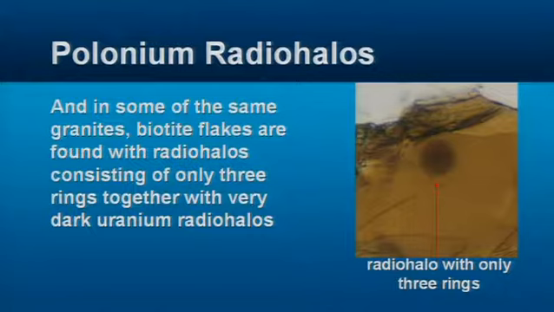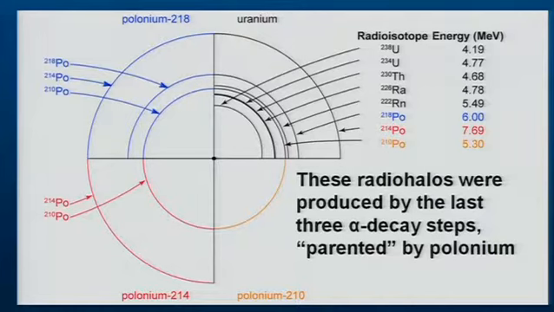Now, as I said, we can measure them and we can work out what elements were responsible for producing these radiohalos. Now, why do I say that? Well, if there's a zircon crystal in there that has uranium, we know it produces all 8 rings. So it's the element uranium in the centre, or what we call the radio centre, or the radioactive centre, that produces these rings.